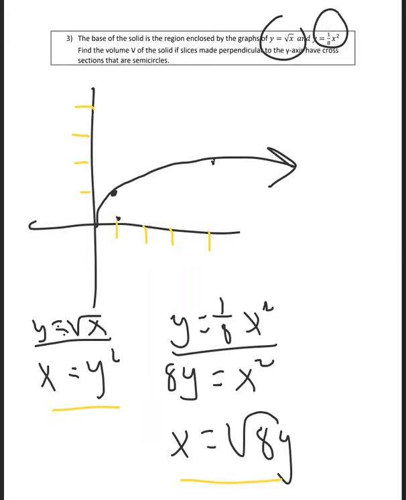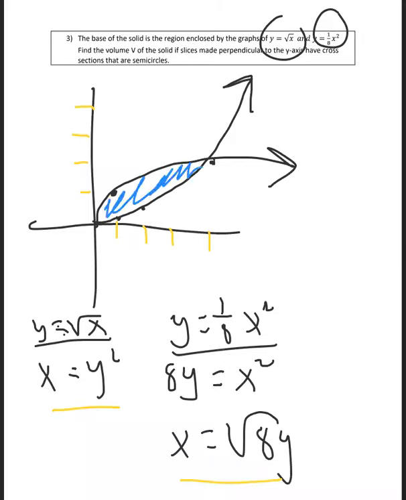When you plug in 2, you get 1/2, 4/8, so that's in the middle. I'm not gonna do 3 because you get 9/8, and that's a weird number to work with. But when you plug in 4, you get 16/8, which is 2, which is right over here, and that's what it looks like. So you know that your shaded region, the region you're really trying to find, is this one over here.